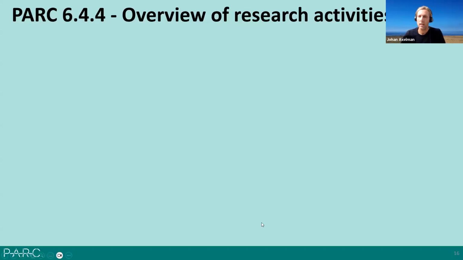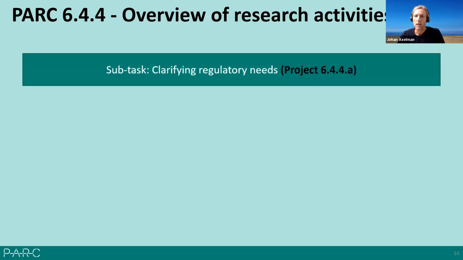So here are the activities. We have 5 different projects in Park 644, and I think we are like 20 different partners. There's a lot of hierarchy. We have work packages, tasks, activities, and subtasks, but now we are down to more or less project level at the subtask.